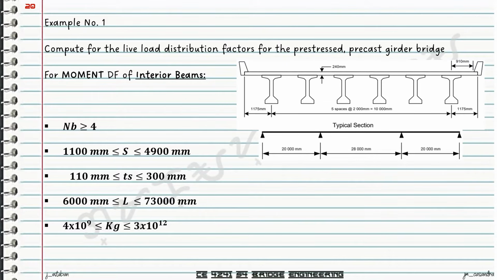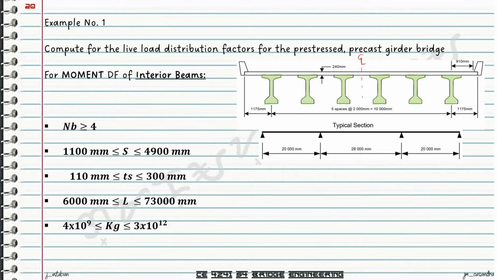For the first condition, the number of beams, you could simply count off the number of stringers in this diagram. Or for example, if the diagram is not complete but is only drawn from the center line, we could use the given data here, which is 5 spaces at 2,000 millimeters. What does this mean?